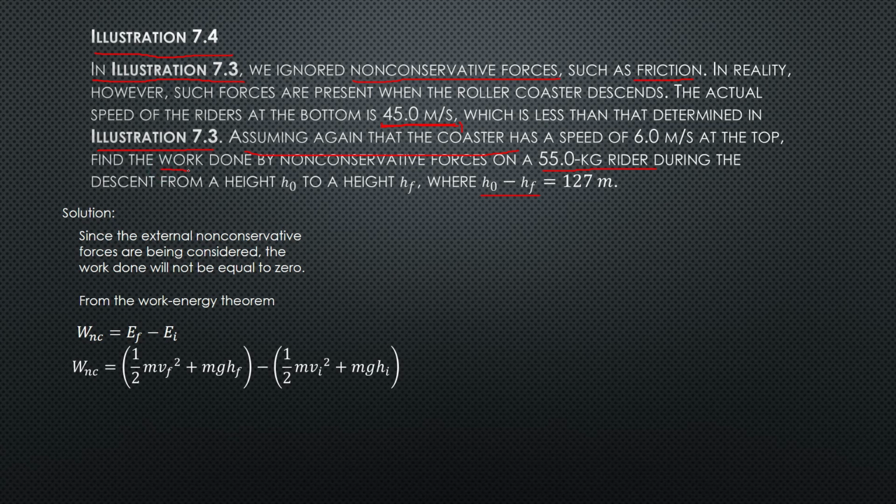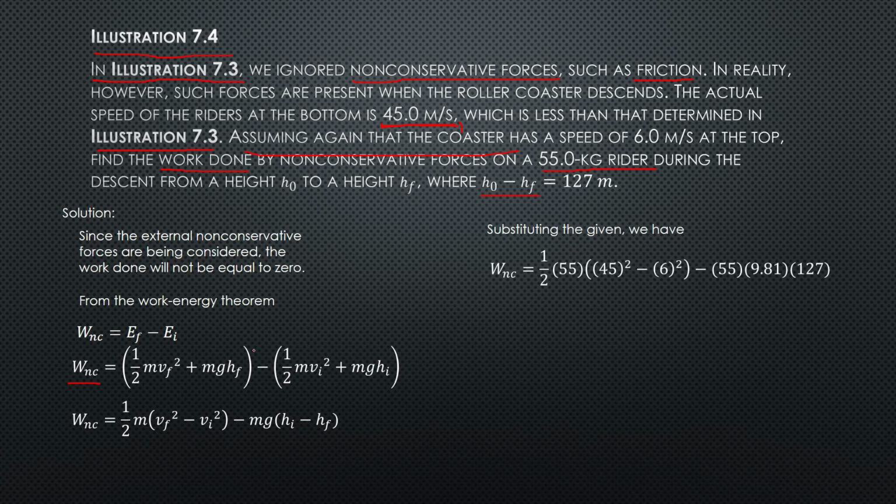The question is to find the work done by the non-conservative forces. Combining the kinetic and potential energy, we have one half m v final squared minus one half m v initial squared, minus m g times h initial minus h final.